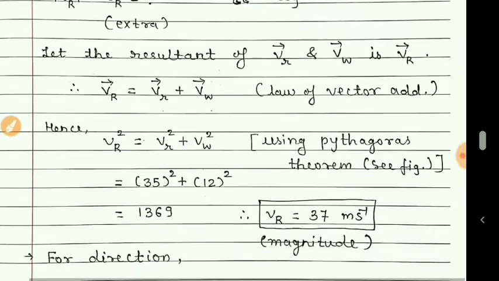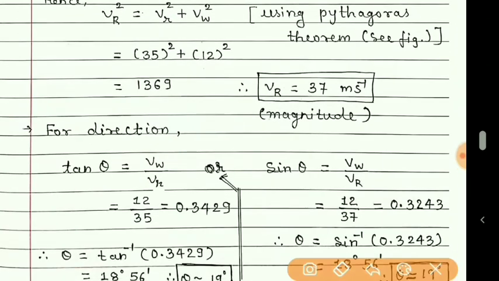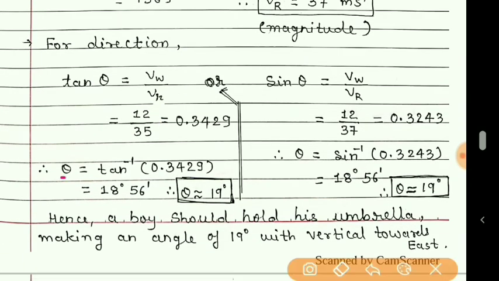So writing tan theta equal to opposite upon adjacent, putting the values of their magnitudes, we get 0.3429. So this is tan theta, but we want only theta. So we can write theta is equal to tan inverse of this value.